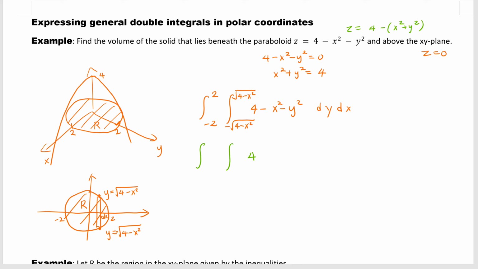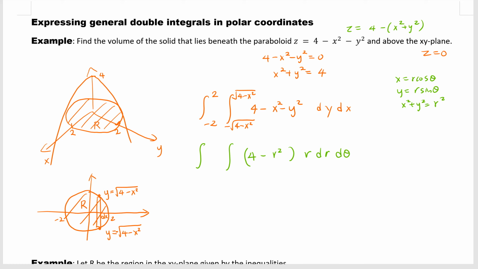So when you change, keep in mind that x equals r cosine theta, y equals r sine theta, and x squared plus y squared equals r squared. So that's why here we get 4 minus r squared. So this is the function, and the area differential equals r dr d theta.